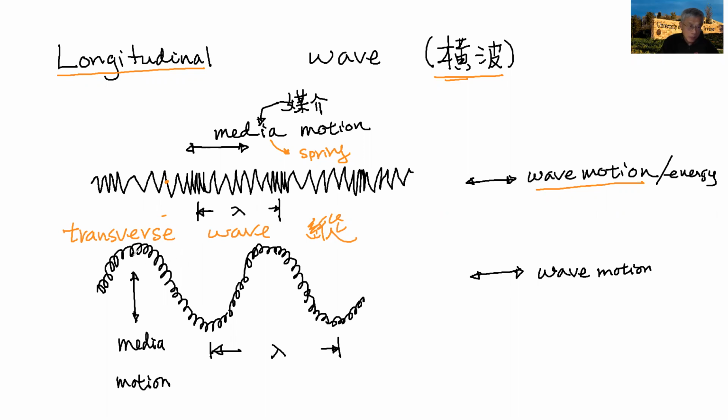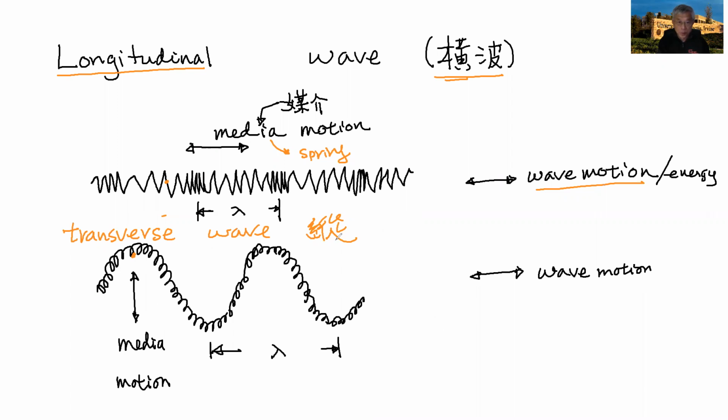In this case, if you look at one point in the spring, a particle or an atom, it's going up and down. The media motion is going up and down while your wave motion and your energy are going left and right. So that is called a transverse wave.